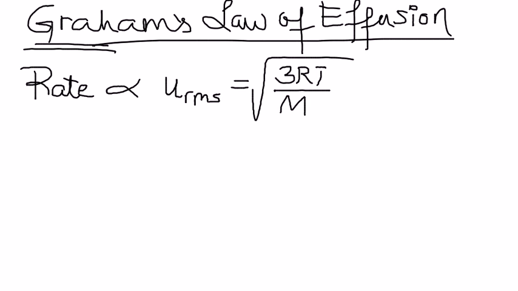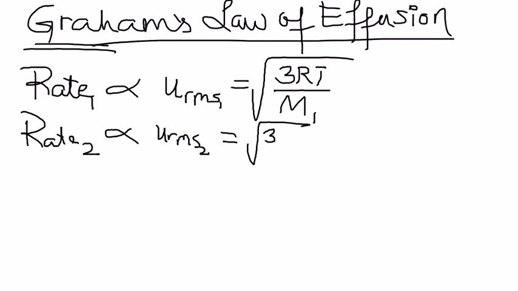rates of effusion or diffusion between two gases, so let's say I have two gases, I would be able to say rate 1 for the first gas, and I would be able to write a similar equation, rate 2 proportional to the URMS of that gas, given as the square root of 3RT over M2.